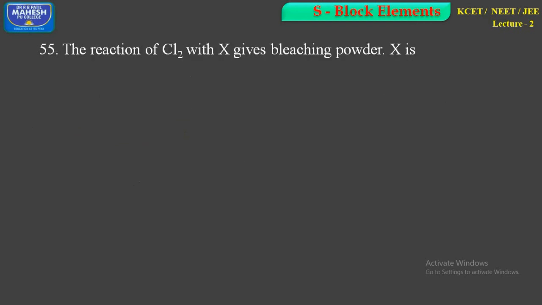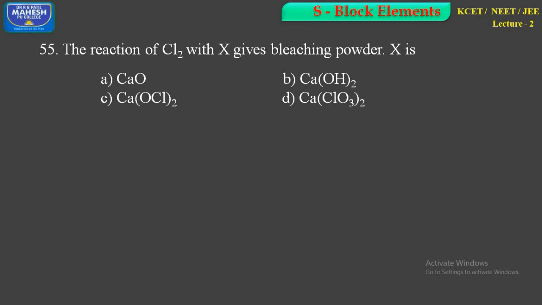Question 55. The reaction of chlorine with X gives bleaching powder. X is, option A, calcium oxide. Option B, calcium hydroxide. Option C, calcium oxychloride. Option D, Ca(ClO3)2.